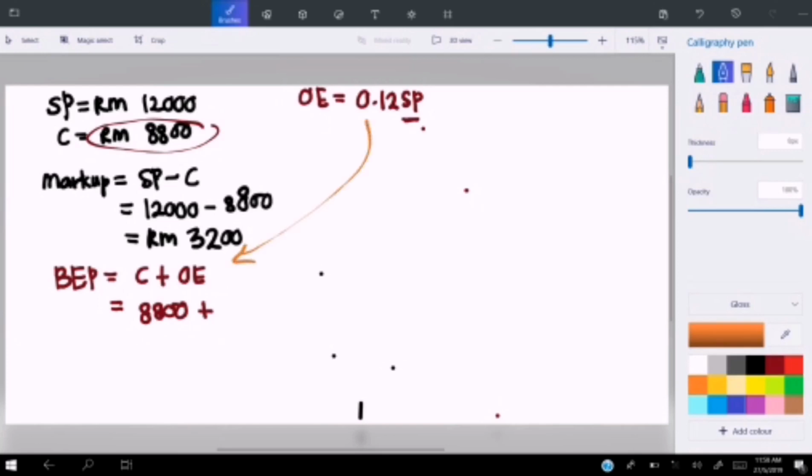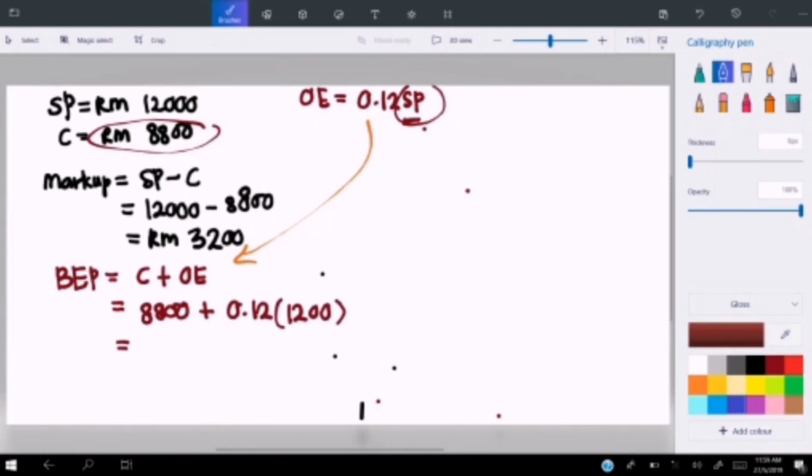So what happens is that we will have 0.12 multiplied by SP, but SP we have already got in the first question, so that's 12,000. So from this, we press your calculator, 0.12 multiply with the 12,000, so you'll get 1,440.